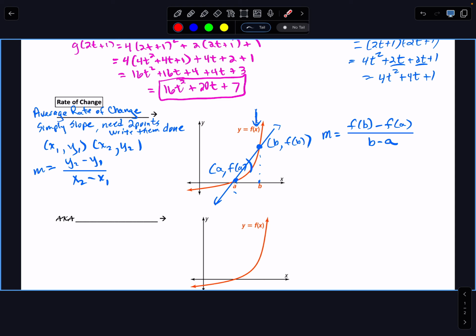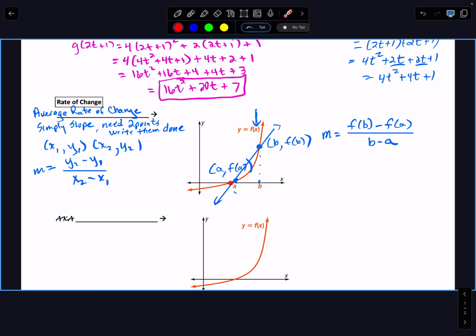And when you look at this, usually along the bottom when we do rate of change, the x-axis is dealing with time and the y-axis is dealing with, it could be a lot of things. It could be distance, it could be volume, it could be temperature. As time changes, whatever the y-axis is, it's changing.